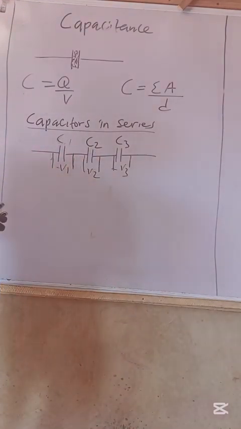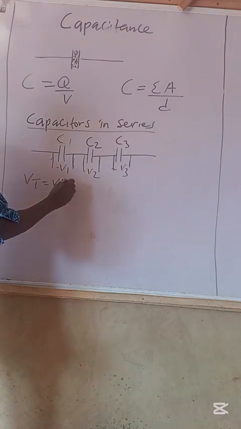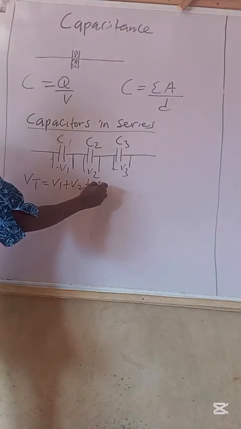Now, don't forget that from this formula, we want to make V the subject of the formula. V total is V1 plus V2 plus V3.